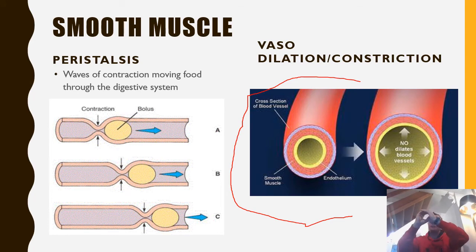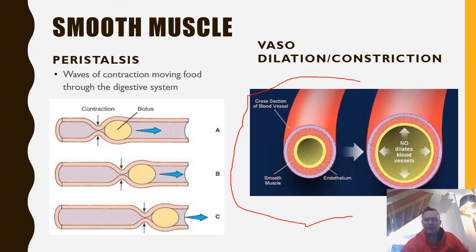We could constrict blood vessels which go to areas we don't need at that time. For example, when I'm exercising, I don't need to be digesting my food, so the blood vessels of the digestive tract constrict and limit blood flow there. That's why we shouldn't go swimming immediately after a meal, because as we're swimming, our arms are taking all the blood, and there's nothing left for our digestive tract to keep that food down.